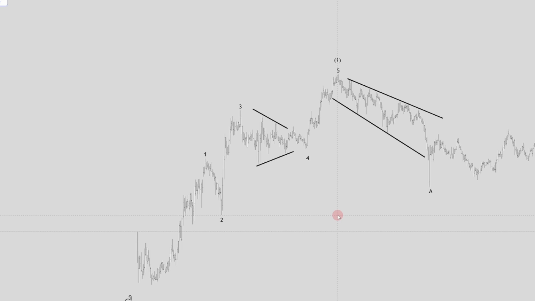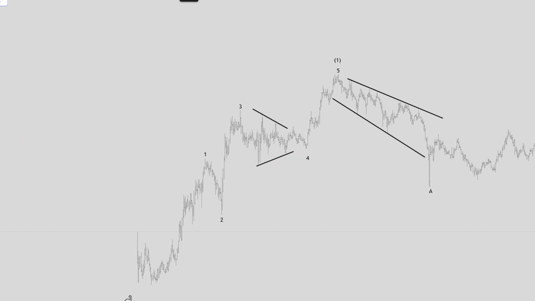So it indicates the ending of the correction. Now, normally, wave A of wave 4 is never a triangle. But the most common subwave to subdivide in a triangle is wave E, and we have it here.